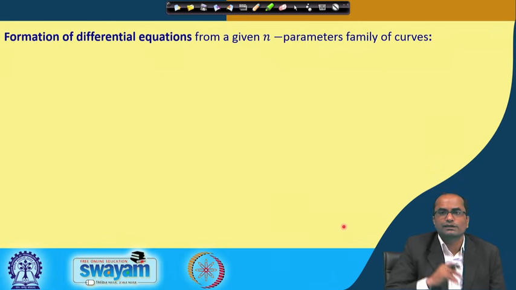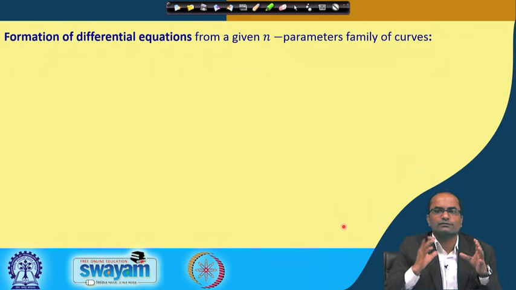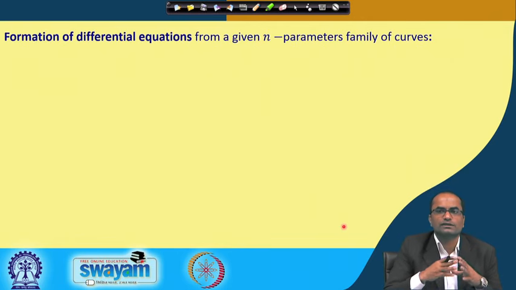If we have an n parameter family of curves, meaning the solution of a differential equation, then from this given family of curves, how do we form the corresponding differential equation whose solution is this given family of curves?